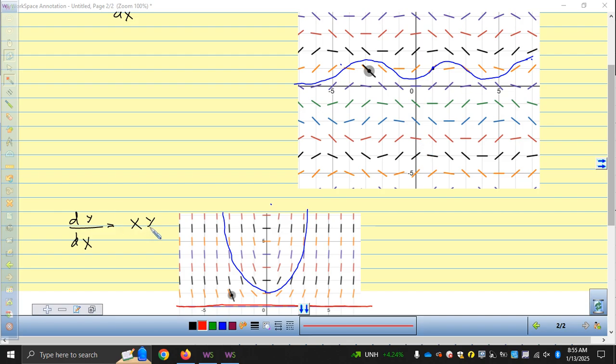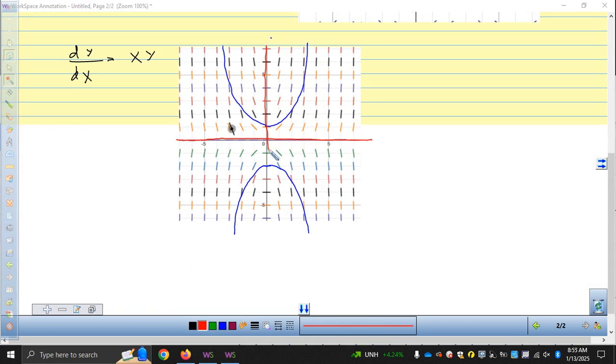And curves where the slope is constant are called isoclines. What about like the y-axis? On the y-axis, the slope is constant value 1, except at the origin.